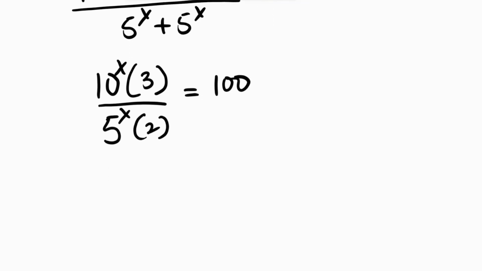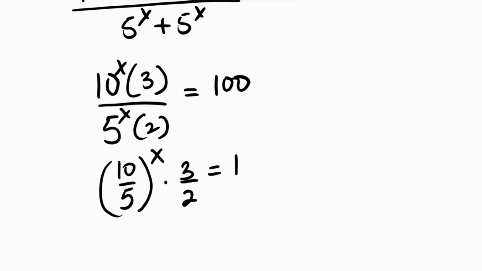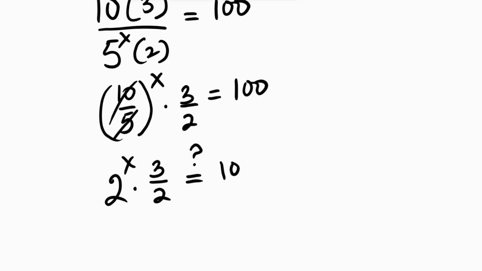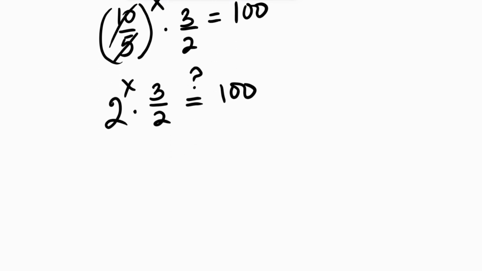So we have 10 over 5 raised to the power x times 3 over 2 equals 100. Okay, so we have 2 raised to the power x times 3 over 2. Let's see if this is going to be equal to 100.